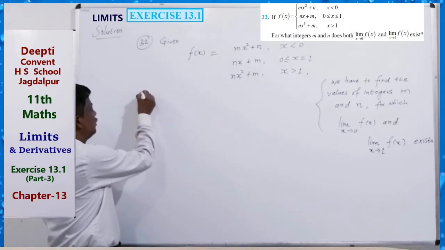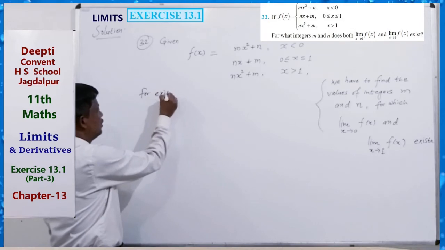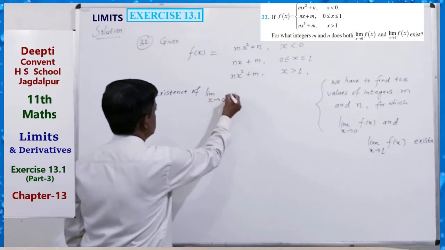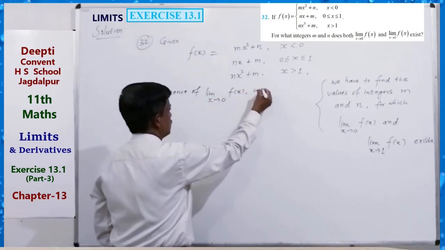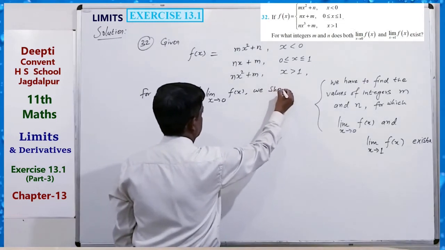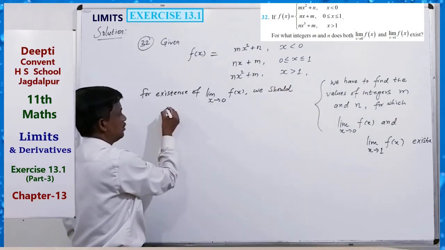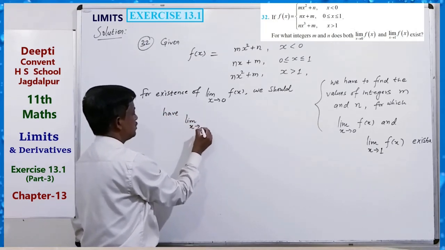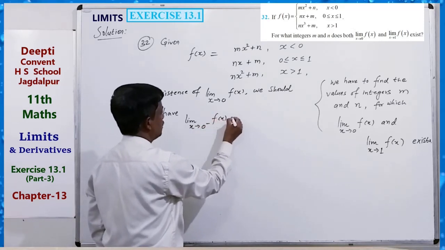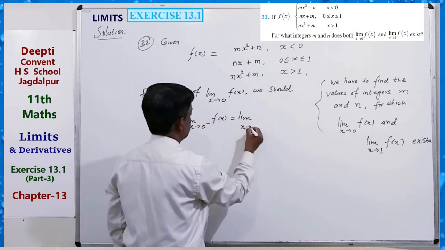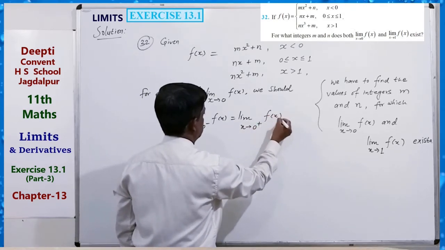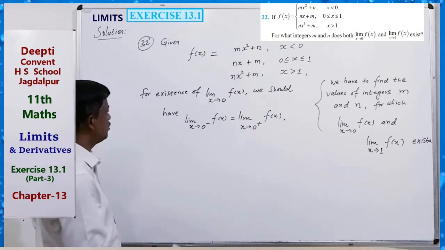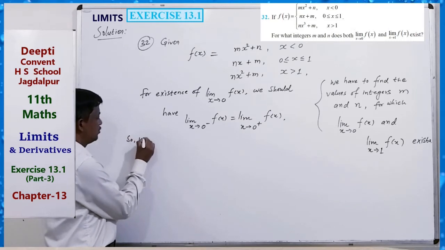For existence of limit x tending to 0 f(x), we should have the left hand limit at 0 and the right hand limit at 0. For this, just find the left hand limit and right hand limit.